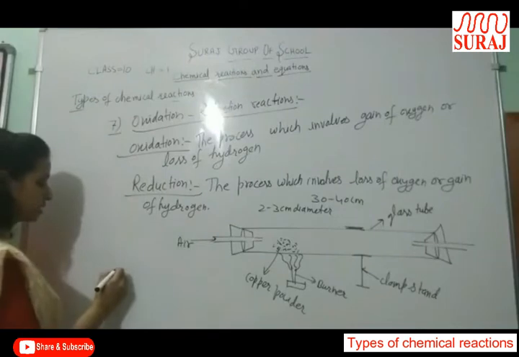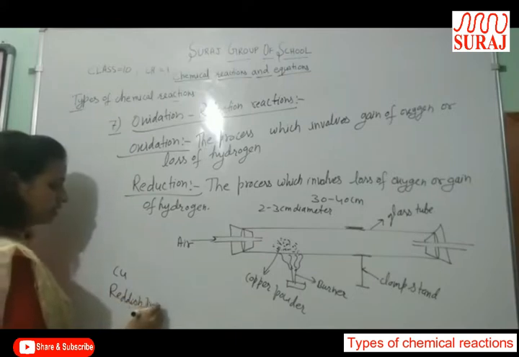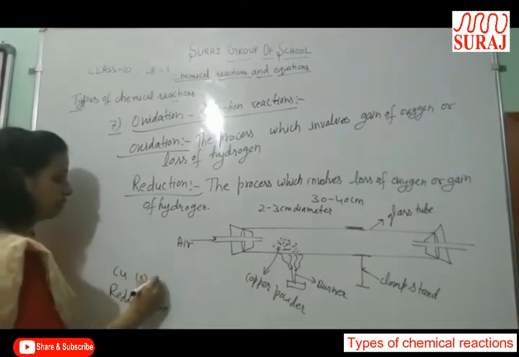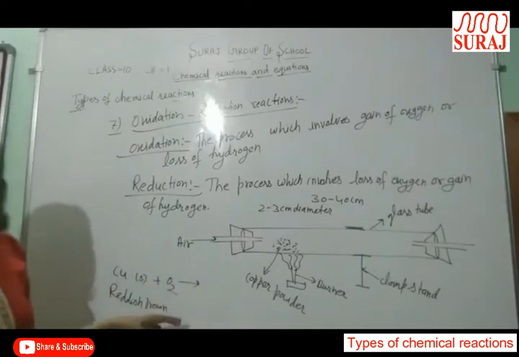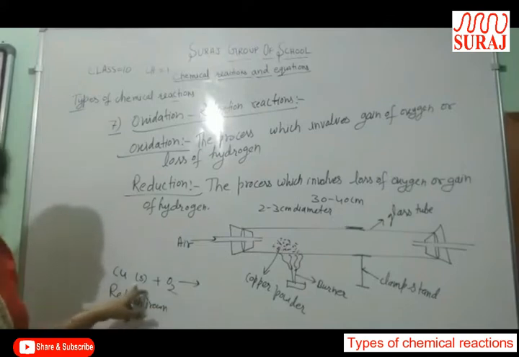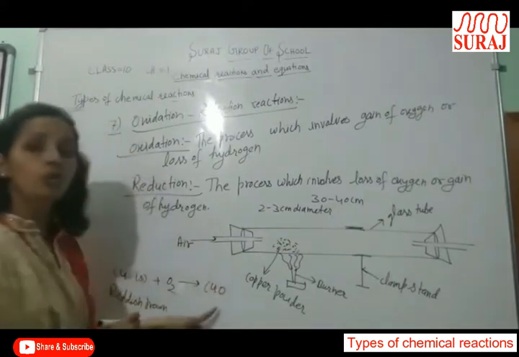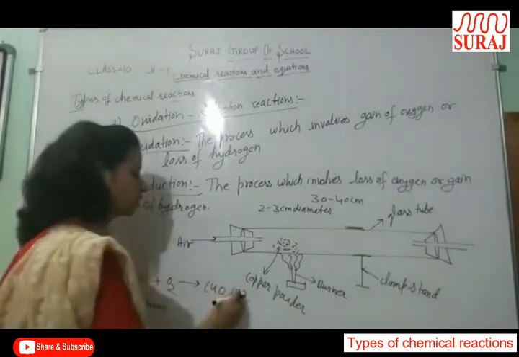We can write the reaction here: copper, which is a reddish brown solid powder, plus oxygen reacts to form copper oxide, CuO, which is also a solid.